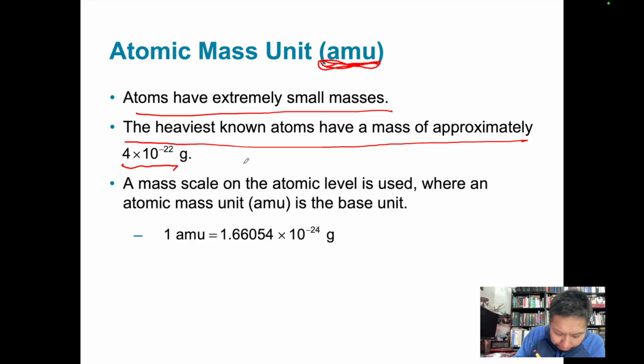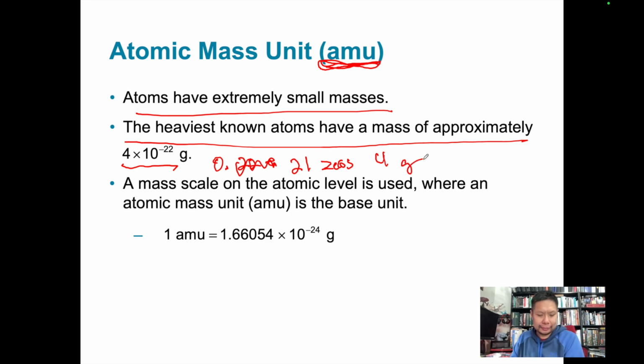That's like 4, and I'm not going to draw them all out, but 0 point, and then 21 zeros, and then a 4, grams. That's so small. You know what?